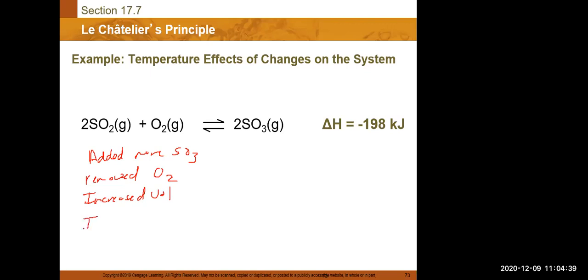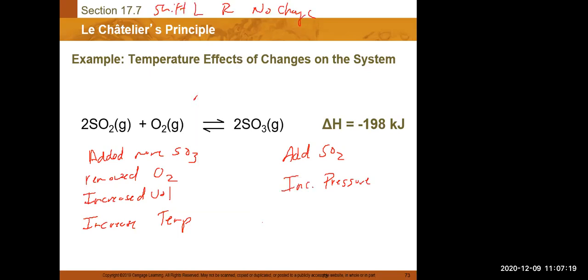Let's go with increasing the temperature, and let's say adding SO2, and we increase the pressure. All right, take a minute.